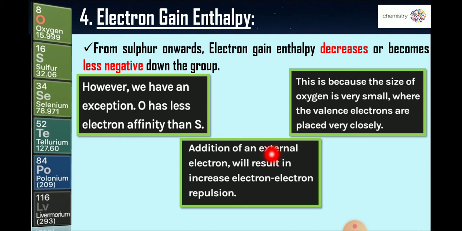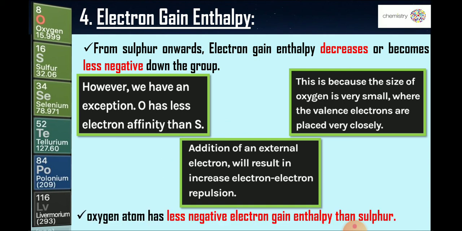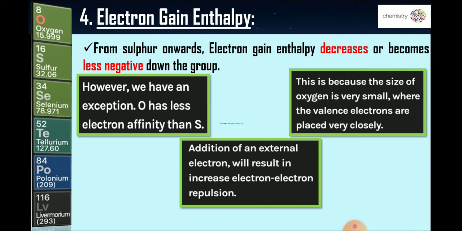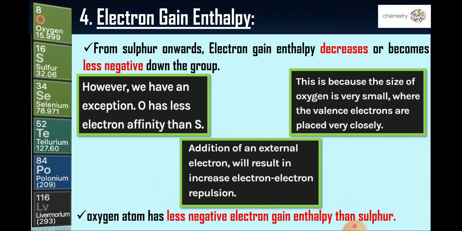Hence the addition of an electron becomes a bit difficult and releases less energy. Clear? So look here. What's the conclusion? The oxygen atom has less negative electron gain enthalpy than sulfur. Clear? Okay.